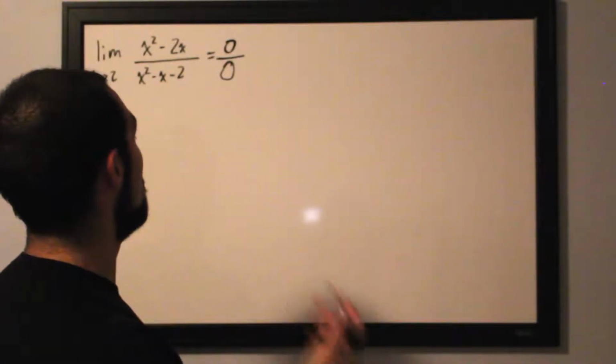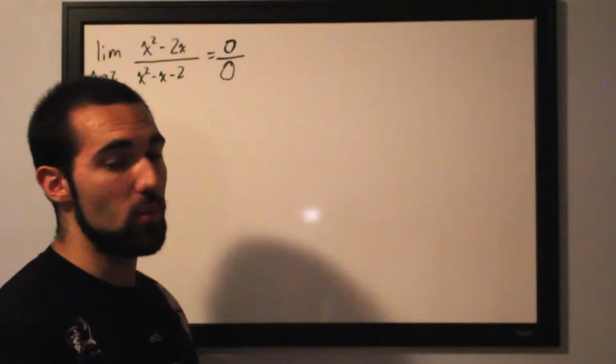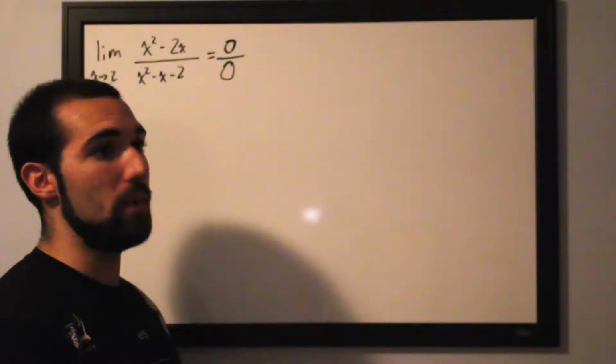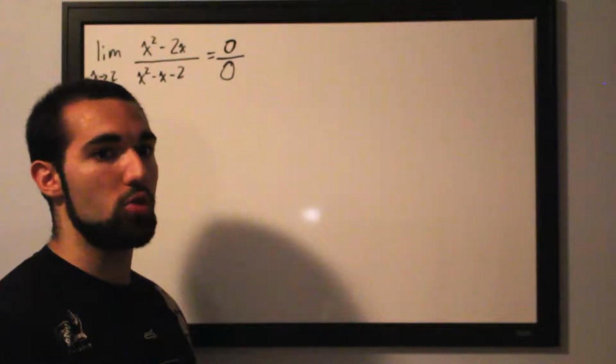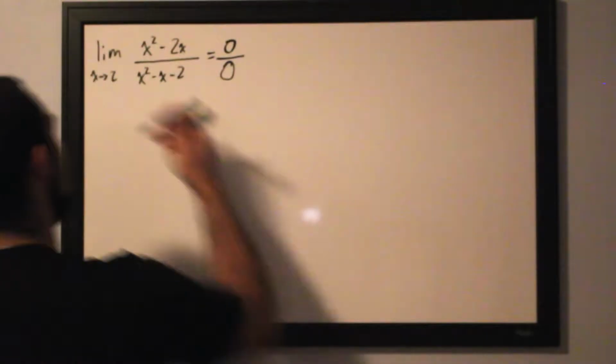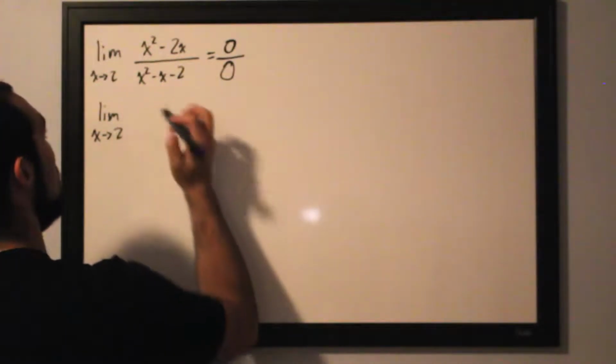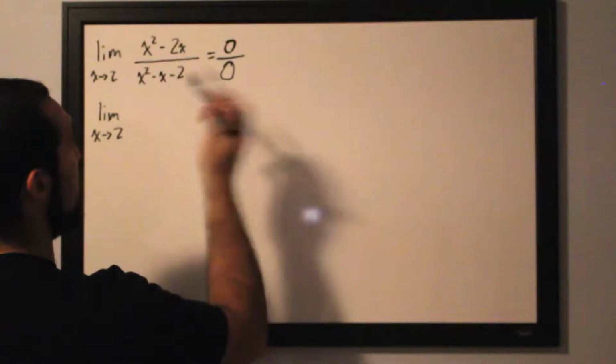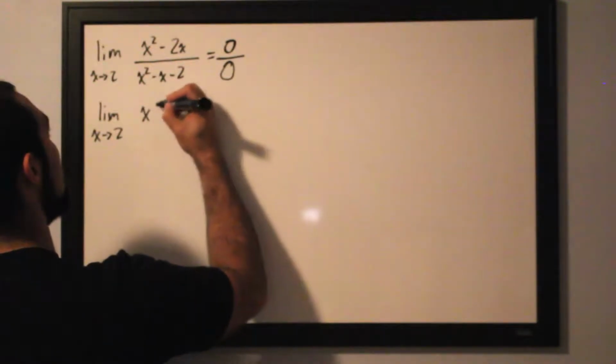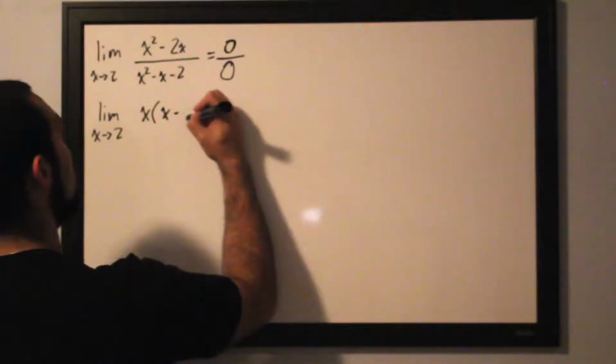So the first thing we want to do is try to factor whenever we can. Factoring is going to be your best friend whenever you're trying to evaluate limits. So first step, limit as x approaches 2. Here in the numerator we can pull out a common x factor, so x times x minus 2.